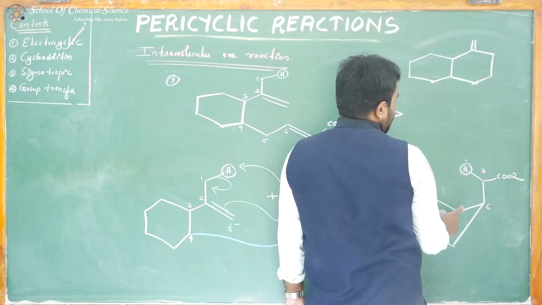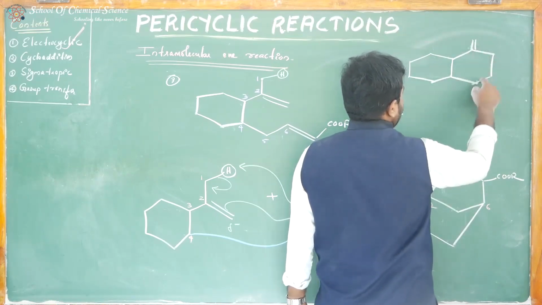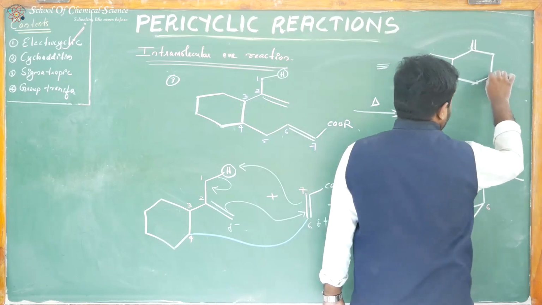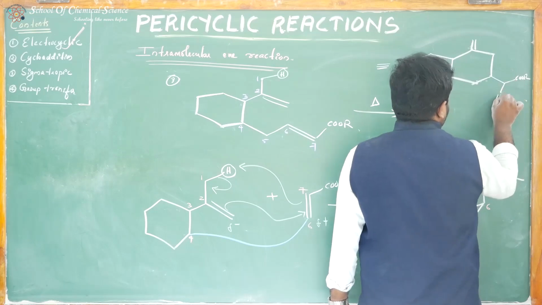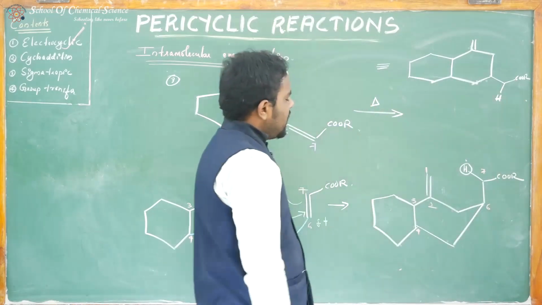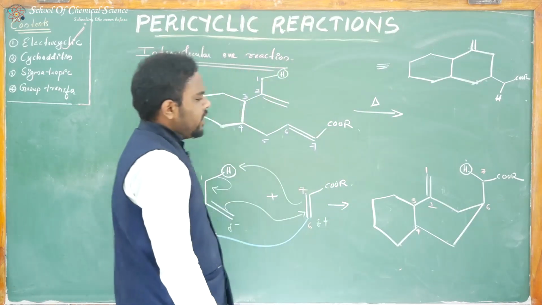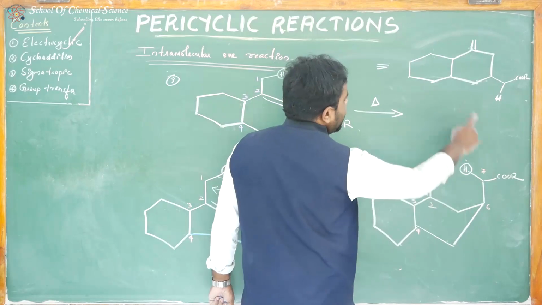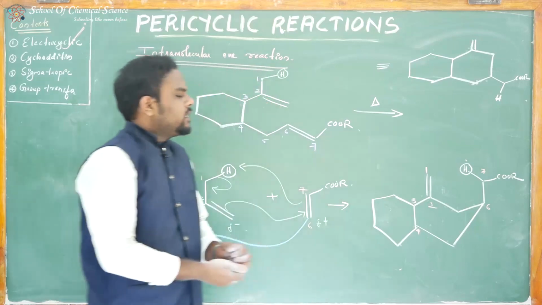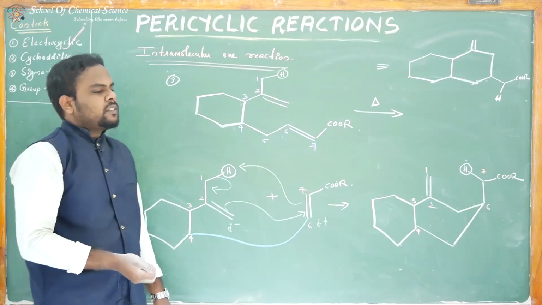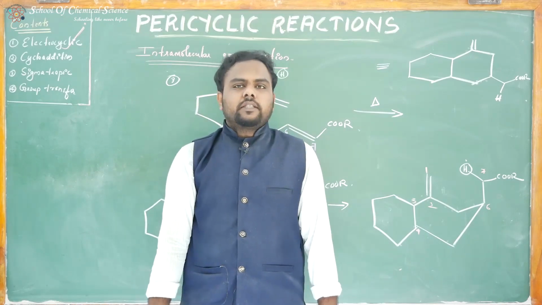Then 1, 2, 3, the third carbon carries the COOR and hydrogen. So that will be your final product. So that's all about intramolecular ene reaction.